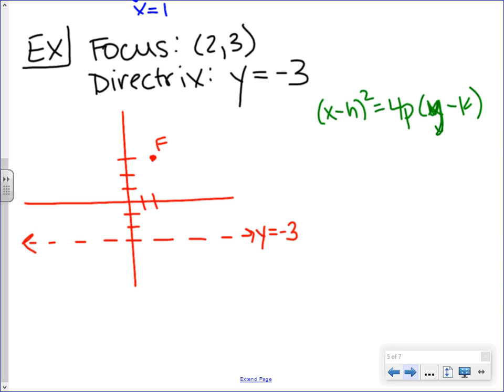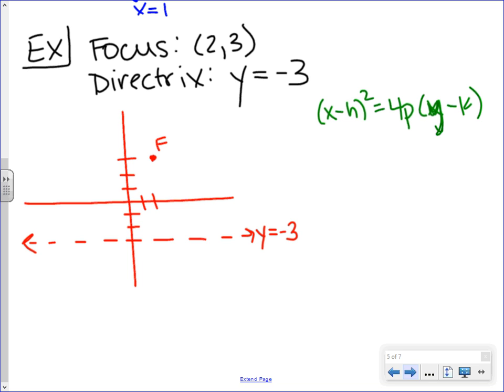Okay? I'm going to give you 15 seconds of brainstorming. Turn to your table. How do you find the vertex? Callie, what's our strategy? I counted the distance between the focus and the directrix and found it was 6, and then divided it by 2.